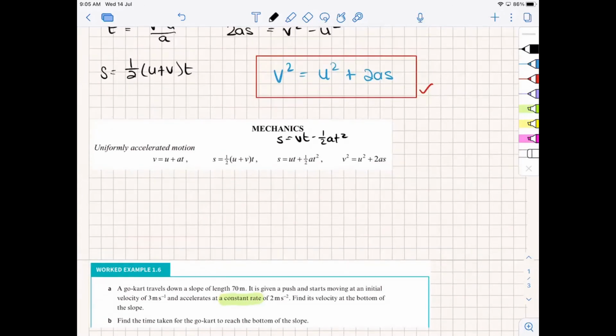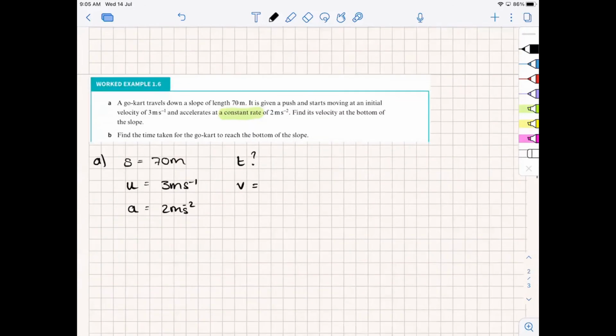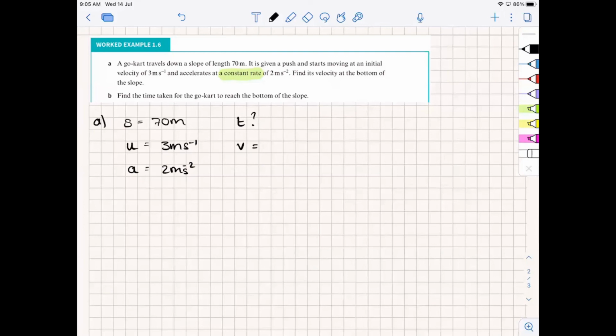It doesn't rely on us needing to know the time, and so that's the formula that we're going to use. Now we're just going to put in the information we know and solve for v.